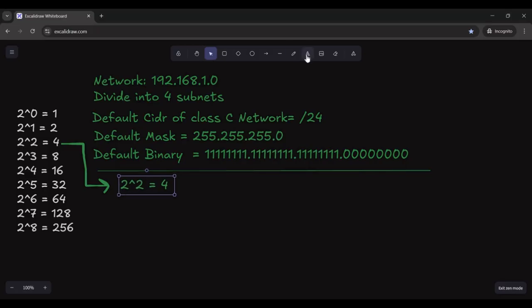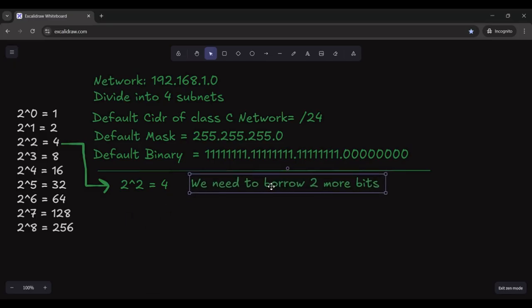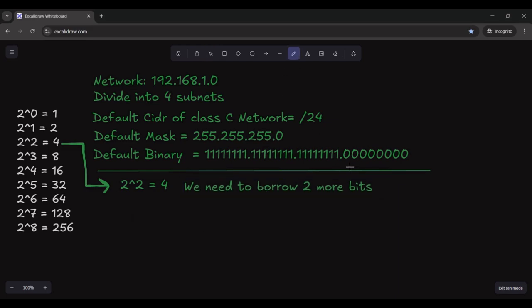This information that 2 raised to power 2 is 4 tells us that we need to borrow 2 more bits. So we are going to change the first two zeros in the last segment to 1, because we are borrowing 2 more bits.